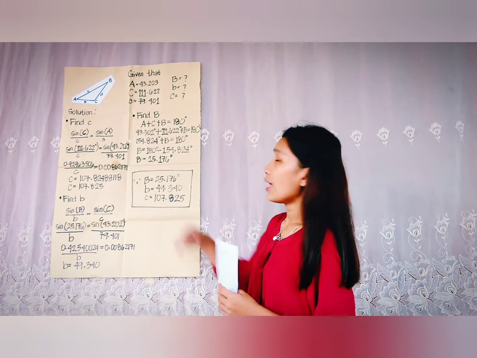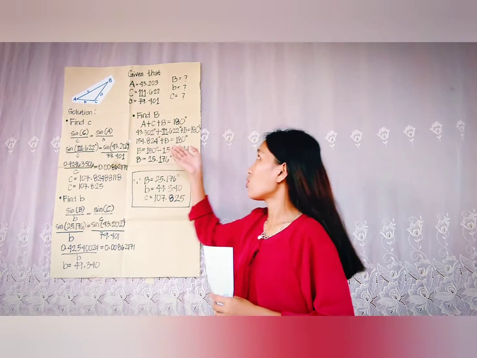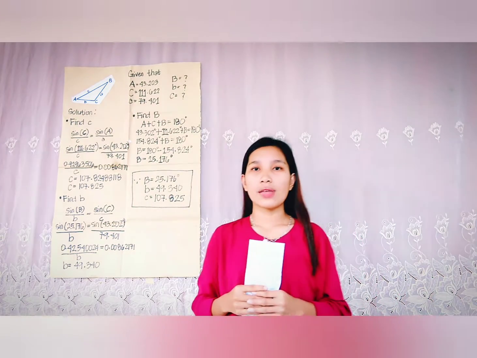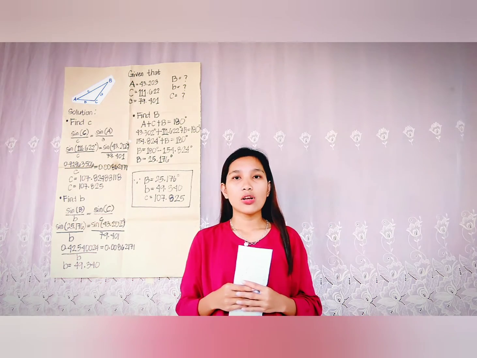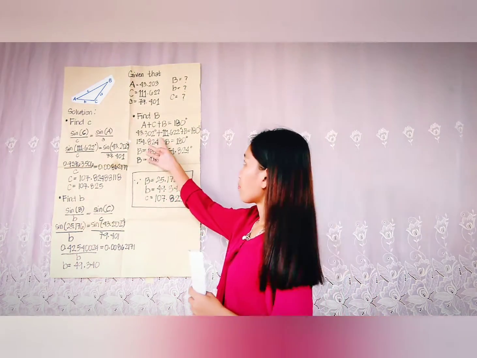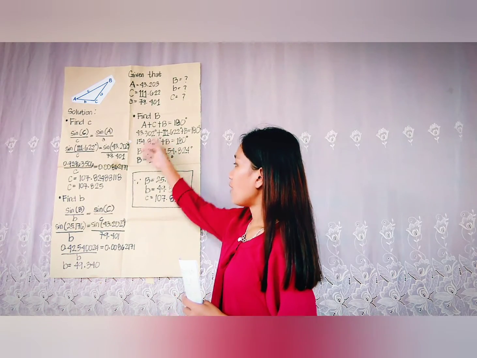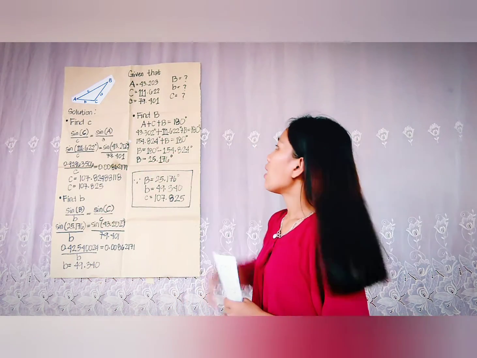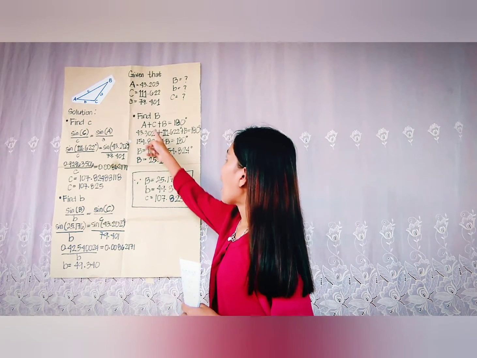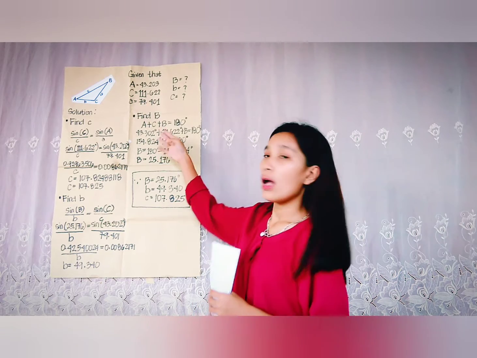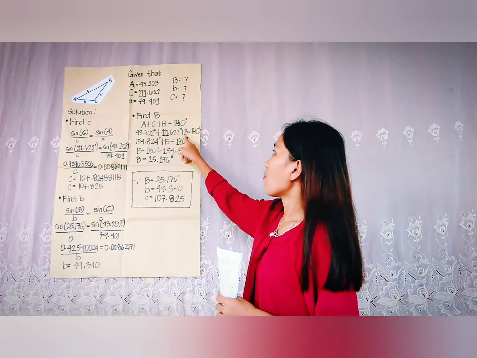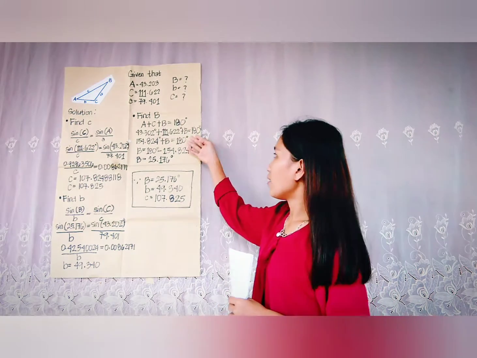And now we already found the value of side C and side B. Let's proceed to find the other part, which is angle B. So we already know that the sum of the angles of a triangle is 180 degrees. So we just simply substitute the value of the angles in the formula. So angle A is equal to 43.22 degrees plus angle C is equal to 111.622 degrees plus B, which is the missing part, is equal to 180 degrees.